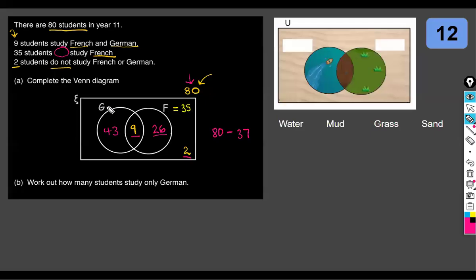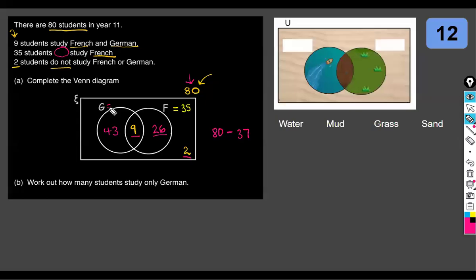But to be fair, shouldn't the G also have a value on the outside? What value do you think would go outside here? Because I don't think it's fair that F, or French, alone should get a value for the whole circle outside. Mr. G is feeling left out. What value do you think goes over here?